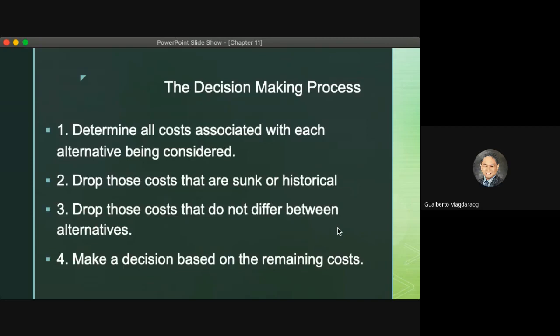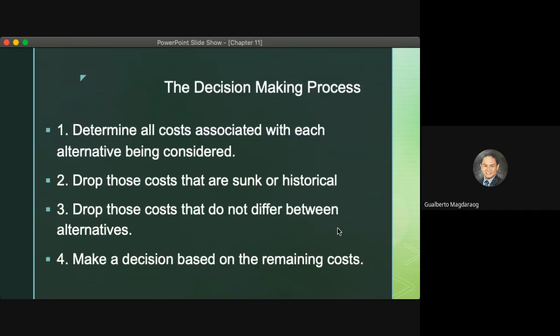So pag gumamit ka ng relevant costing, medyo merong konting changes o additional step doon sa pag-choose ng relevant information. Number 1, determine all costs associated with each alternative being considered. Kanina sa step 3, collect and analyze all muna. Collect all costs muna.